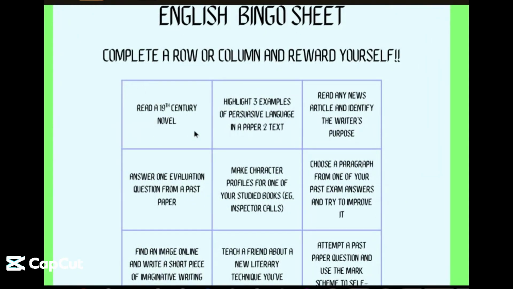So number 1, read a 19th century novel. Why do you think I am suggesting that you do that? I'll give you a second to think and then I will give you the reasons.